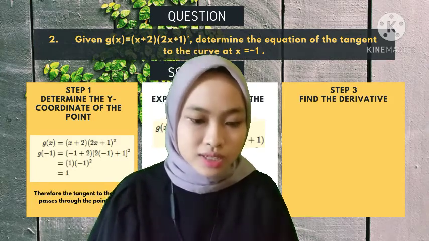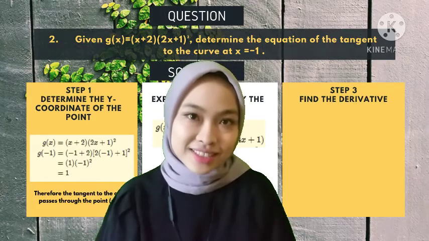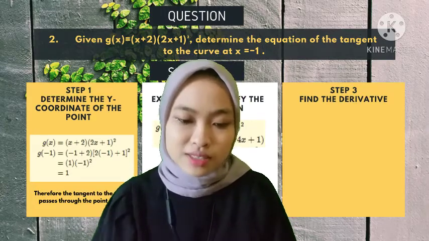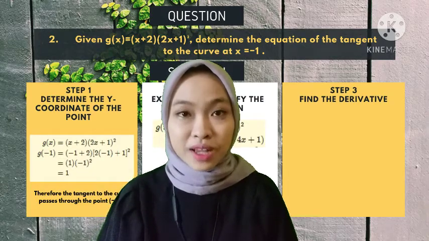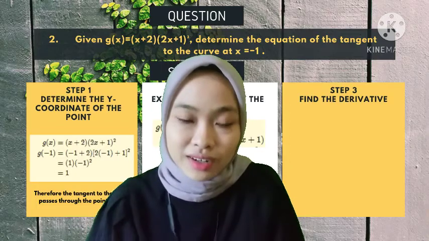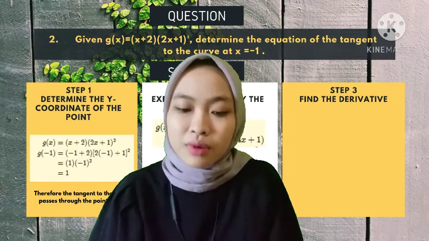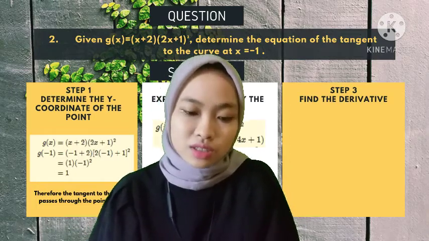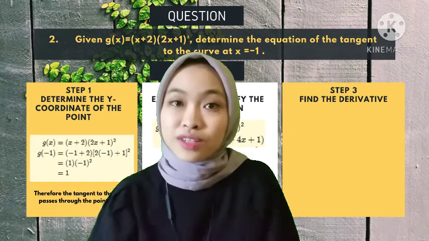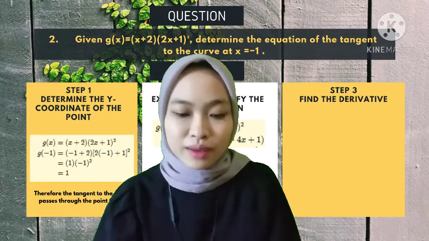The question is, given g(x) is equal to (x plus 2) multiplied by (2x plus 1) squared, determine the equation of the tangent to the curve at x is equal to minus 1. Okay.